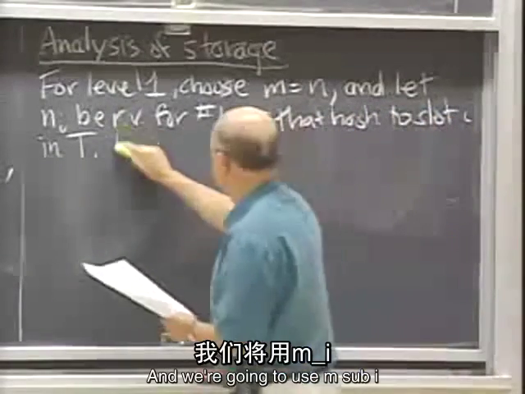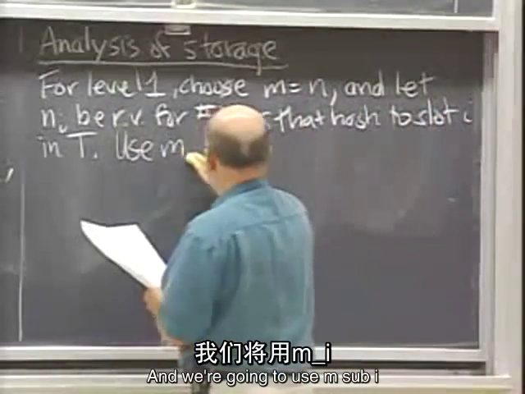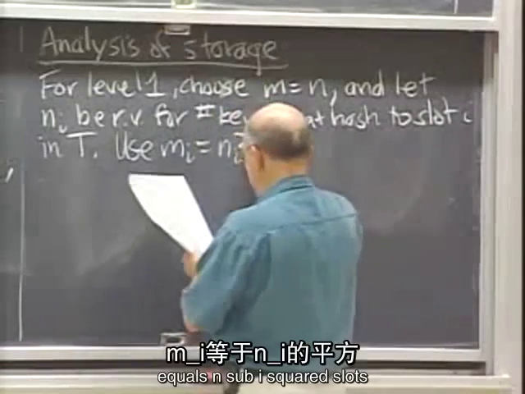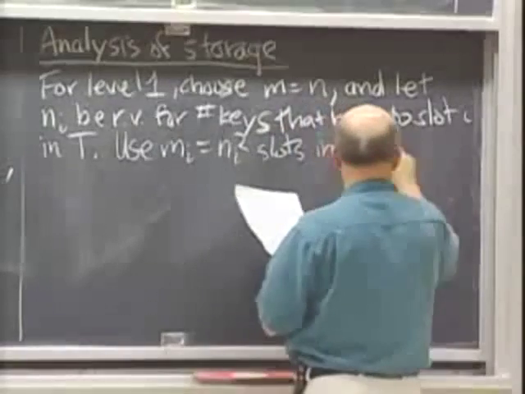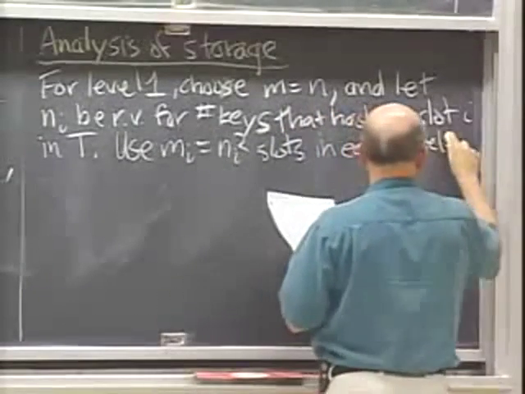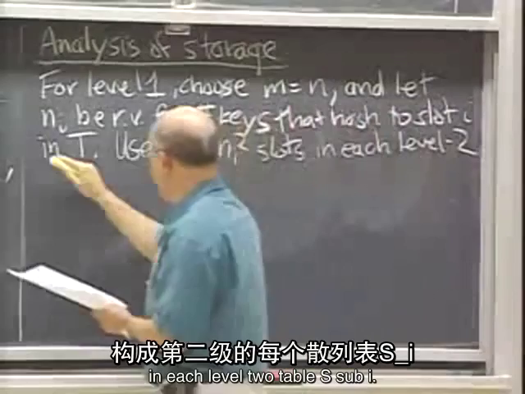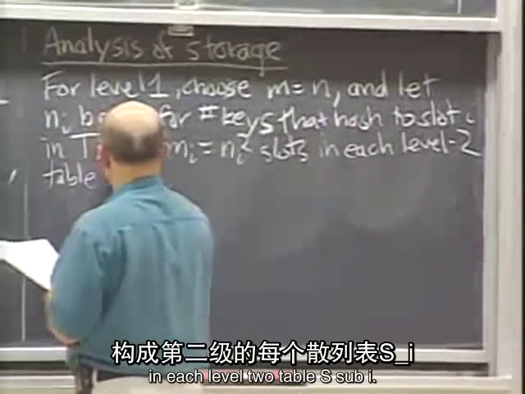And we're going to use m sub I equals n sub I squared slots in each level 2 table S sub I.